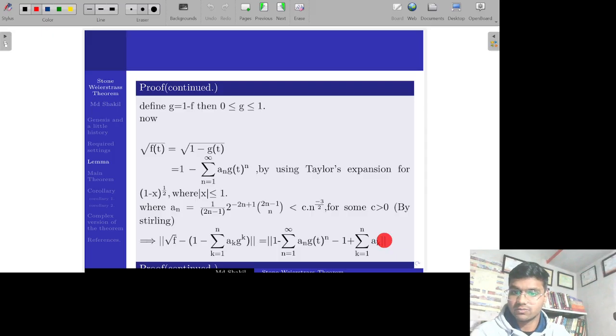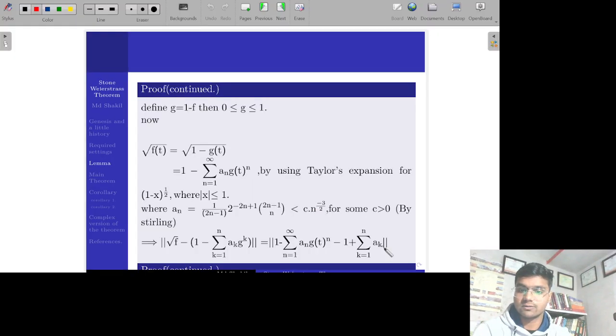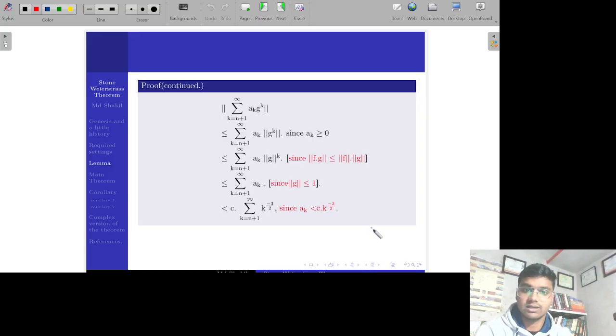So here g to the power k will be there. Now 1 will get cancelled out, and when we subtract this quantity from this quantity, it is equal to the summation of k equal to n plus 1 to infinity of a k g to the power k.